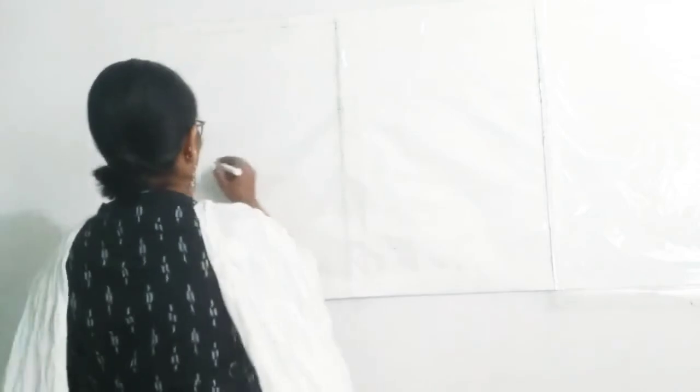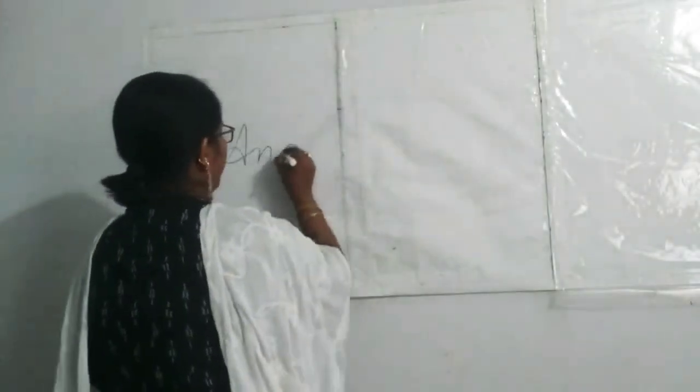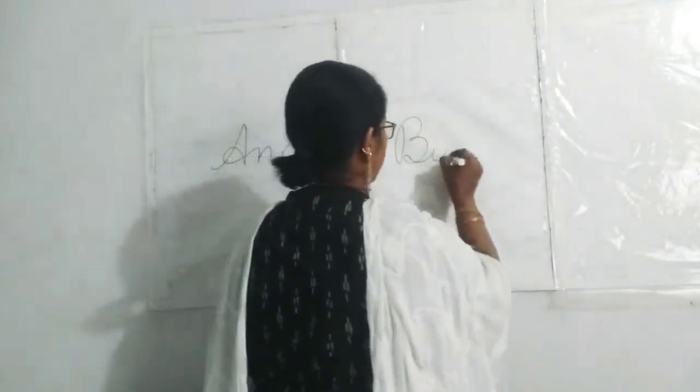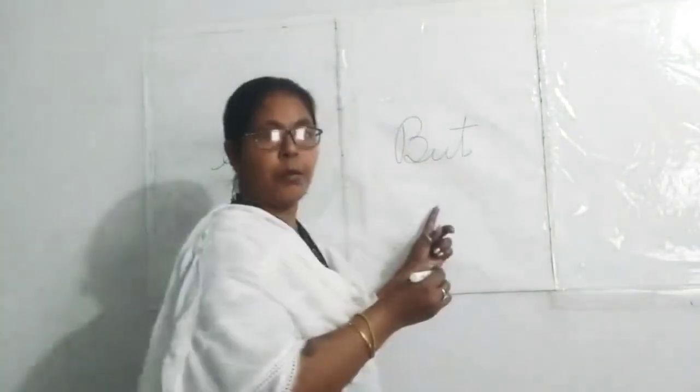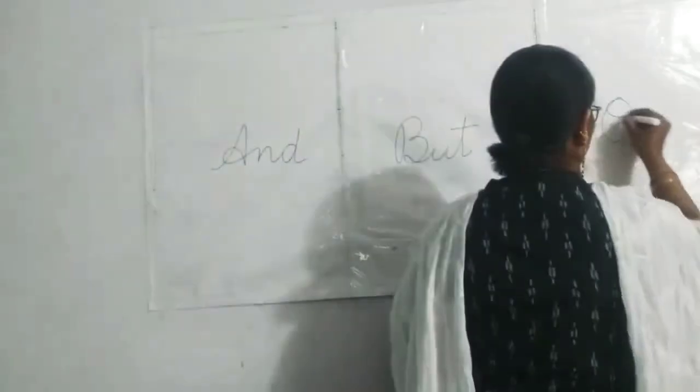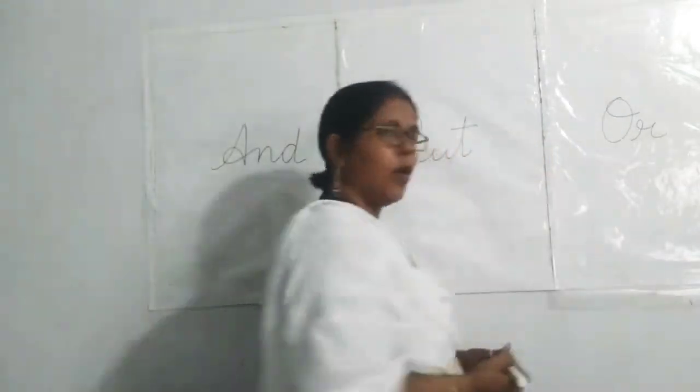Okay. So in the same way children, there are a few words in English grammar known as the glue words. They help to connect or join sentences. And those words are: and, but, or.